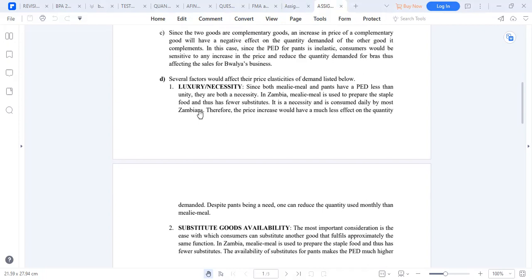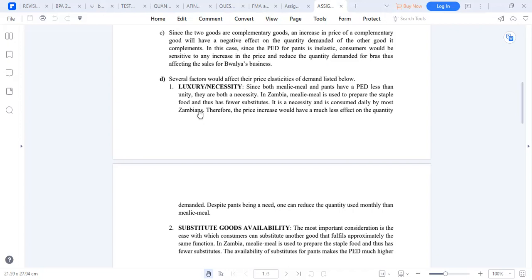Necessities. So in Zambia, mealie meal is used to prepare food. It's a staple food, so it is necessary. It's consumed on a daily basis. Therefore, the price increase would have a less impact on the quantity demanded. On the other side, pants being a need can also reduce one's quantity on a monthly plan. So they have some degree of necessity.